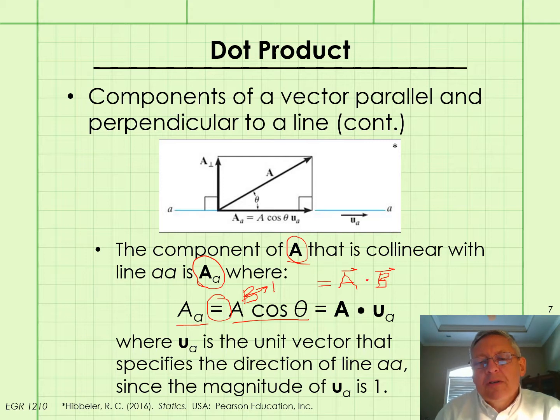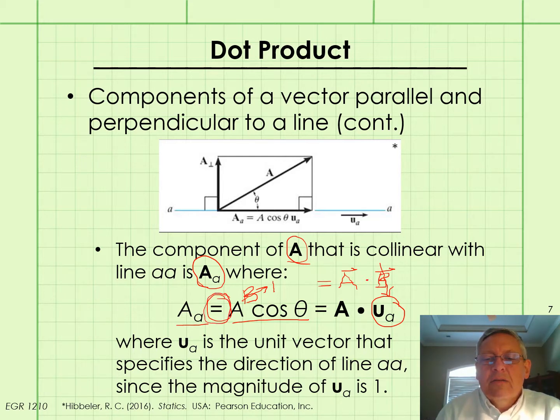So if I force vector B to be a unit vector, then its magnitude is going to be 1. And for this application, I'm going to let that unit vector, which I'm calling B, be a unit vector along the line aa, and call that unit vector u sub a. So I've maintained this equality.